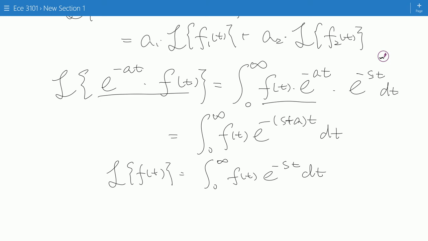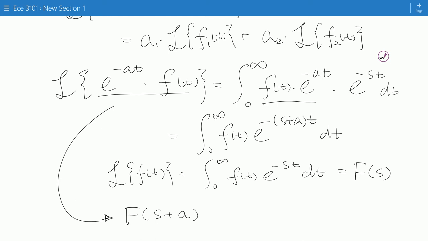So in other words, we're replacing s with s plus a. If we let capital F of s denote the Laplace transform of f(t), then this should be equal to the same function, but with s replaced by s plus a.